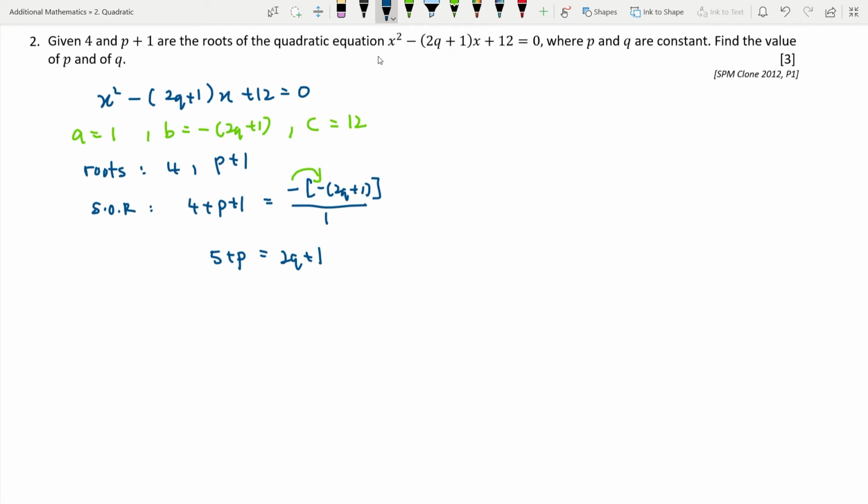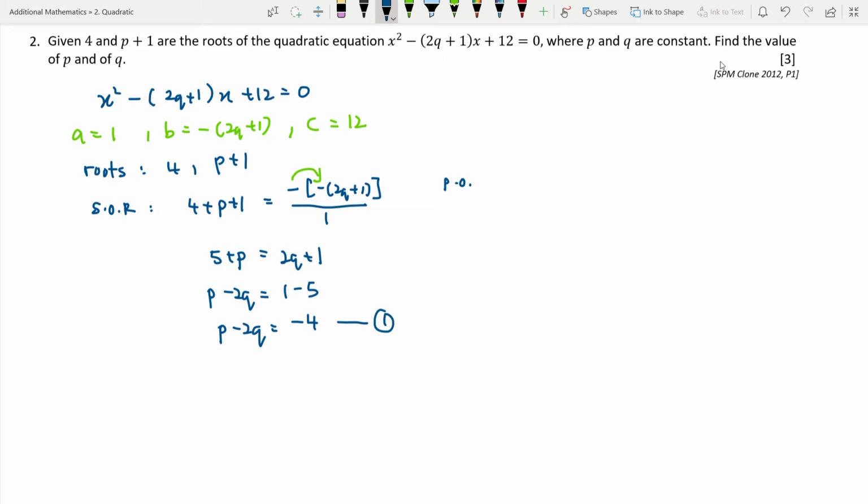We rearrange it. We get p minus 2q is equal to 1 minus 5. Hence, we get p minus 2q is equal to negative 4. We let this be equation 1.